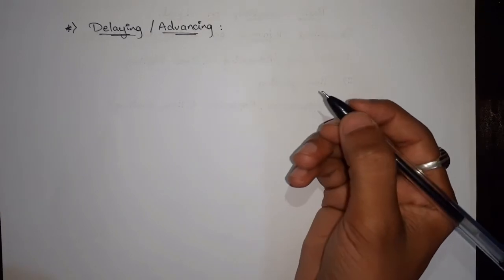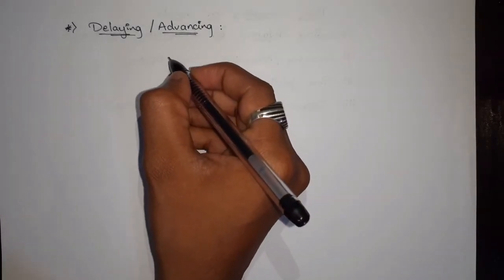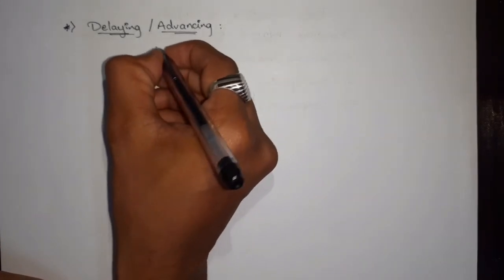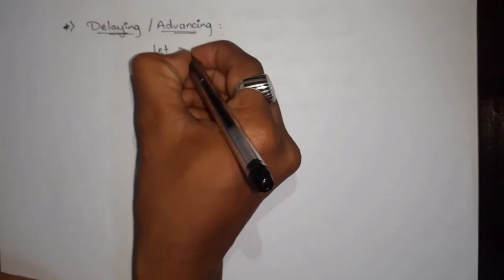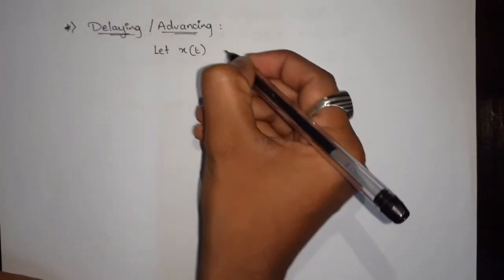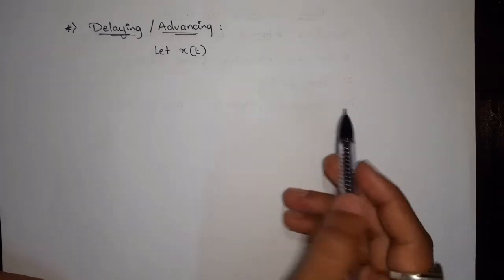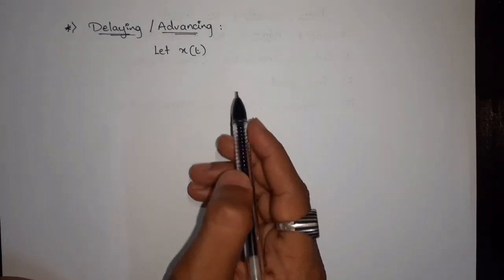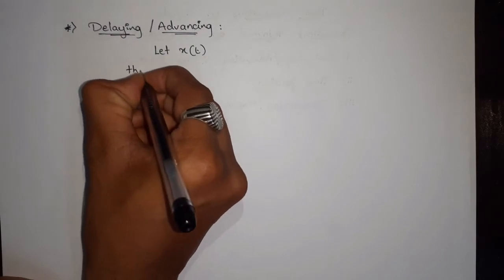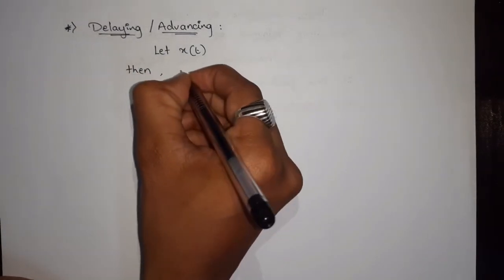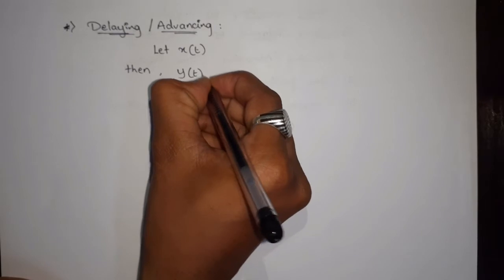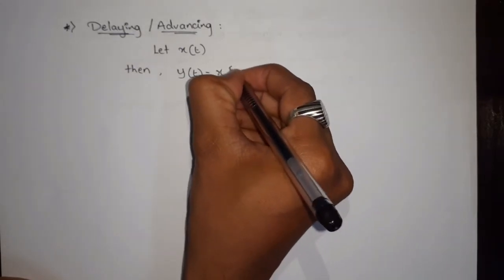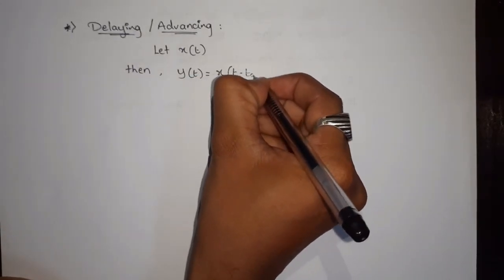Remember that. Let us consider a continuous time signal x of t. Then the output y of t is equal to x of t minus t naught.